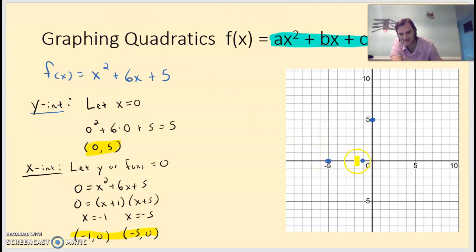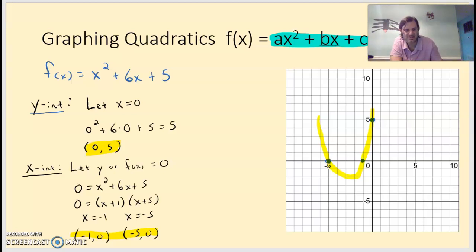We have these two x-intercepts and we've got to connect to the y-intercept. So basically we're going to have something that looks like this going through those points. That U is going to be open upward. But the question is, how far down does that U shape go? How low is that valley?